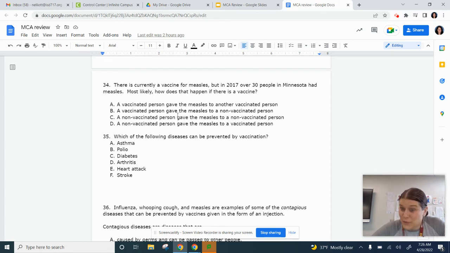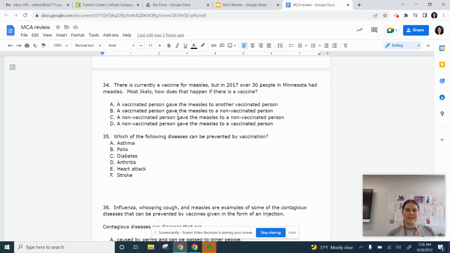Unless they tell you differently, unless it says something in the words, everything is great. Wonderful. Works great. So again, a vaccinated person gave the measles to another vaccinated person. A vaccinated person gave the measles to a non-vaccinated person. A non-vaccinated person gave the measles to a non-vaccinated person. A non-vaccinated person gave the measles to a vaccinated person.